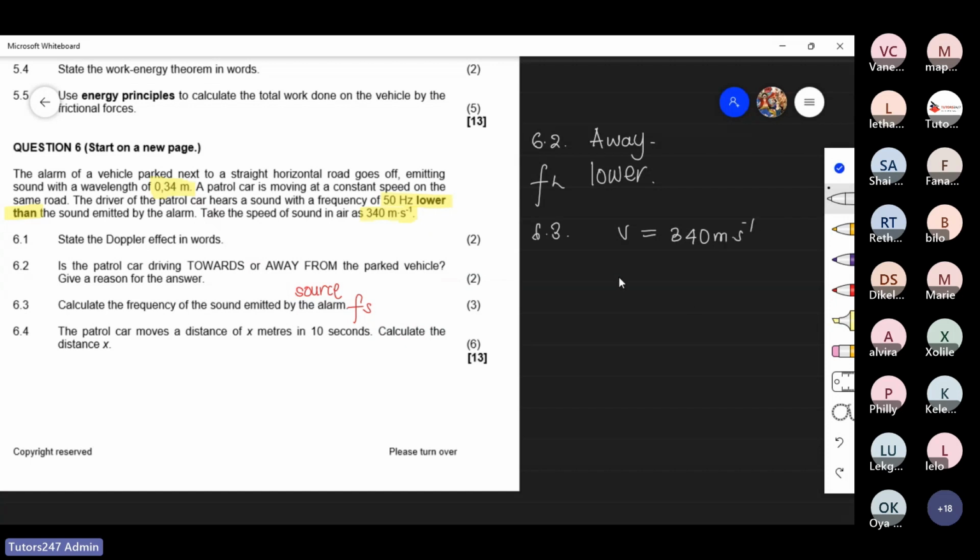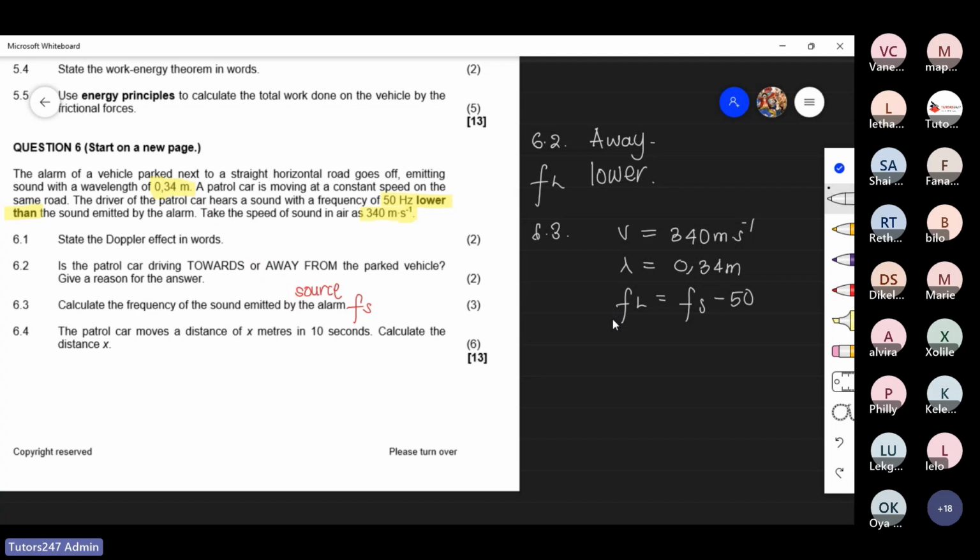We also have lambda, which is the wavelength, as 0.34 meters. What else? We are told that the frequency of the listener is 50 hertz lower than the frequency of the source. So we don't have the actual value, we just know it's 50 less.